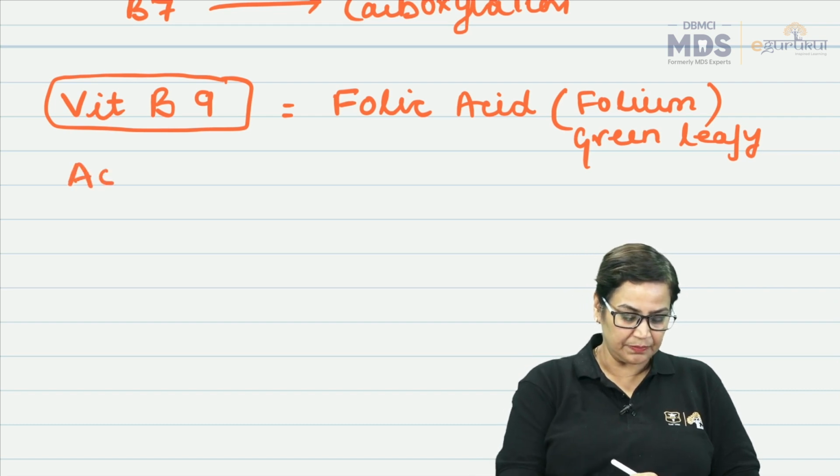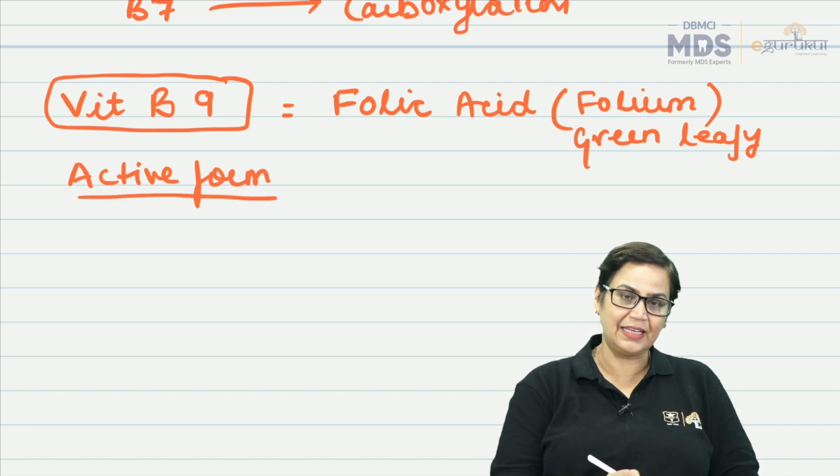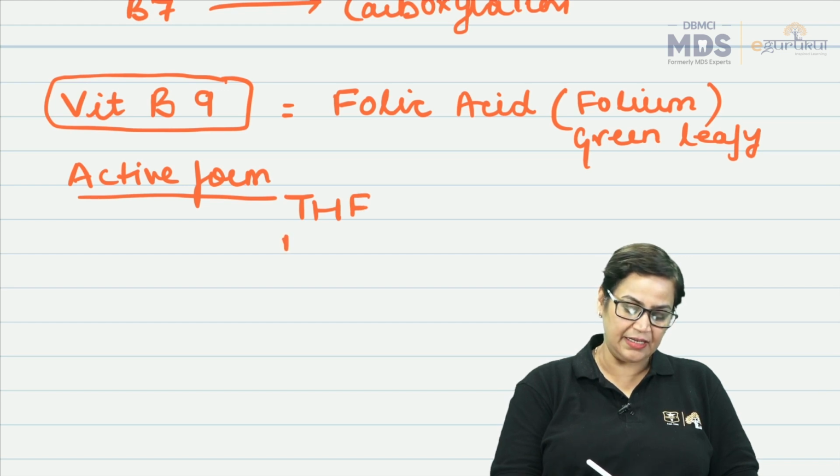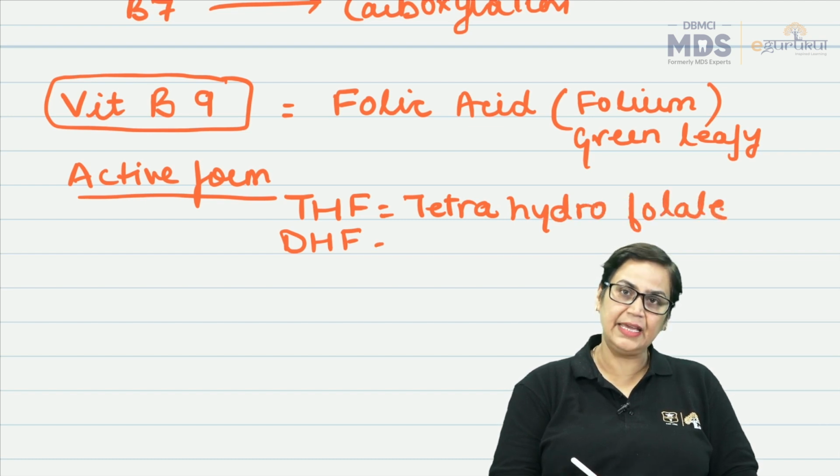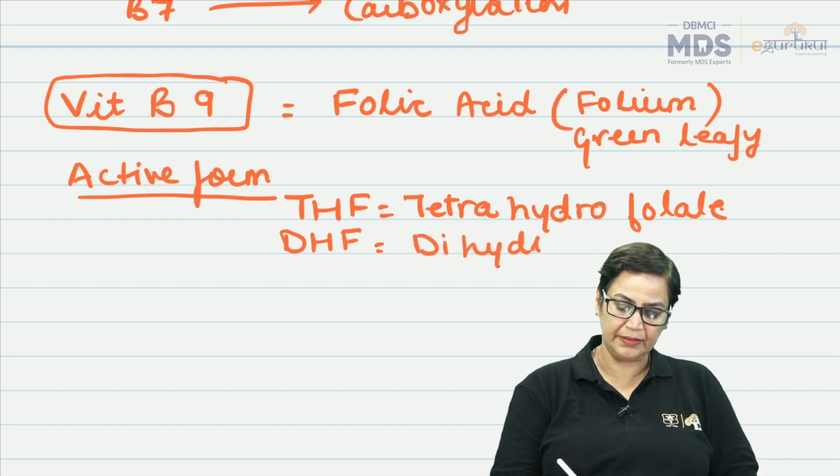Always remember, active form of folic acid is THF and DHF. THF stands for tetrahydrofolate and DHF stands for dihydrofolate.